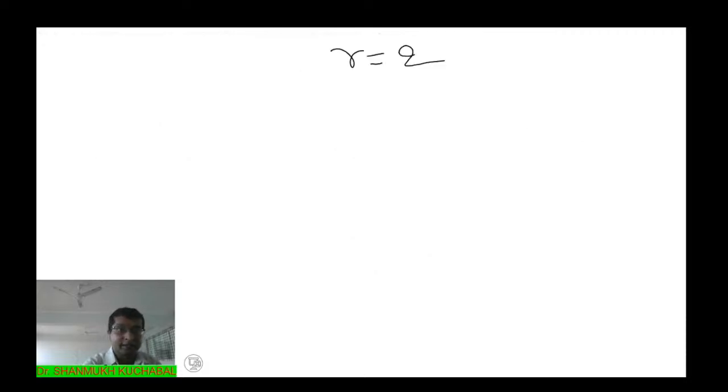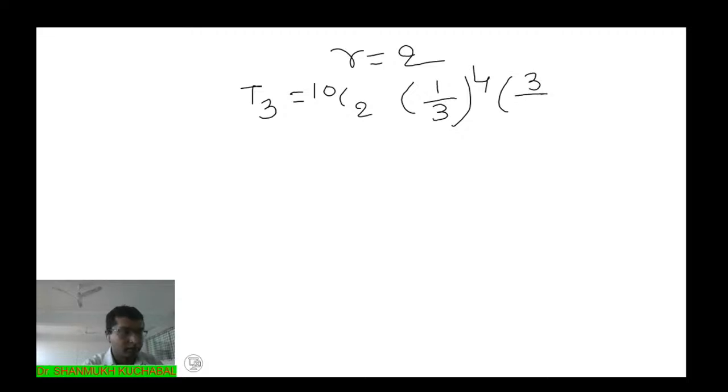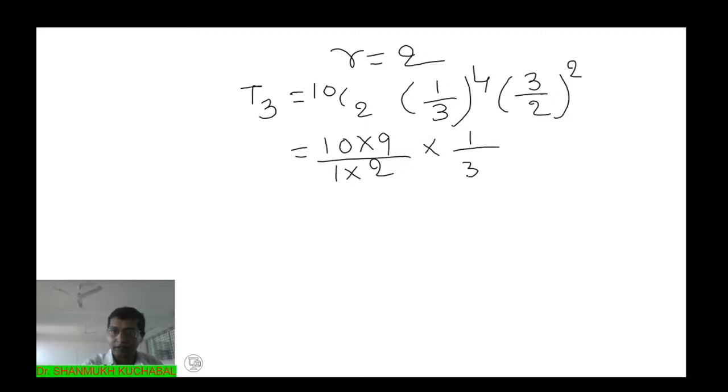We get T3 equal to 10C2, 1 by 3 raised to 4 and 3 by 2 raised to 2. If we simplify this, we get 10C2, it is 10 into 9 divided by 1 into 2. Okay, so 1 by 3 raised to 4 and 3 square divided by 2 square, right?